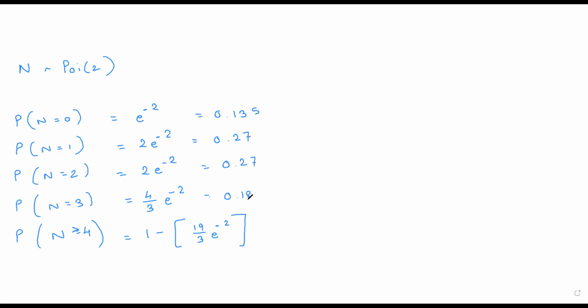So 0.54, 0.72, 0.855. This shall be something 0.145. Yes, this shall be 0.145. So these are the set of probabilities which we have to calculate.